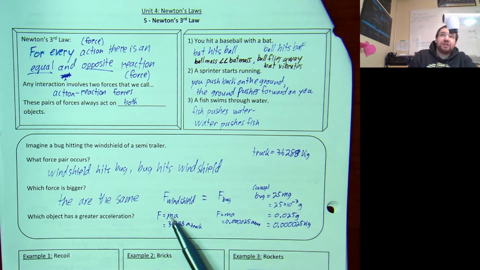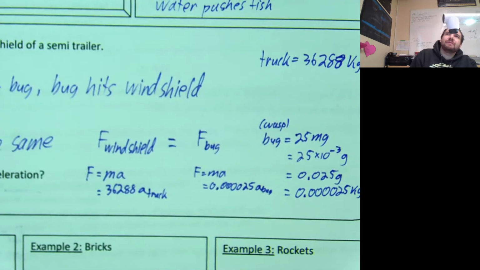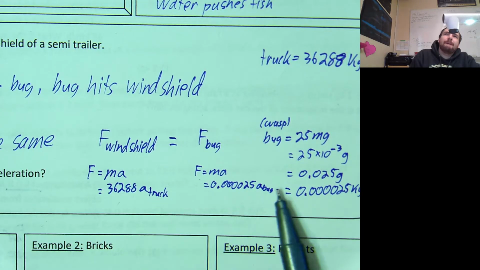If these forces are going to be equal, oh, sorry, I can zoom this in so it's easier to see those numbers. If these forces have to be equal, which of these accelerations has to be larger?